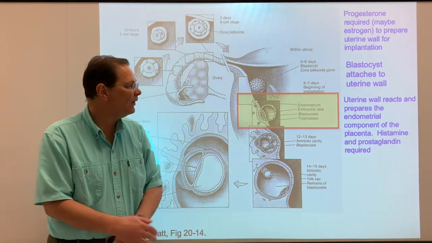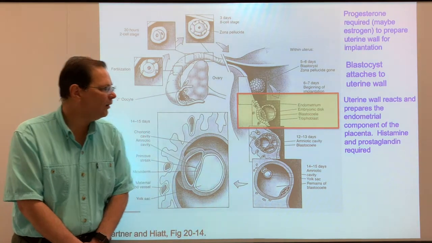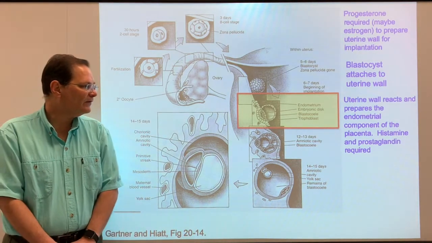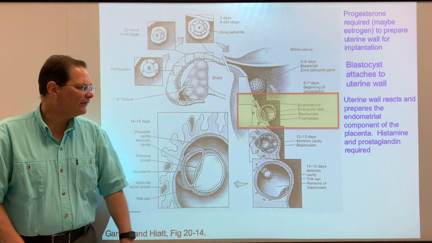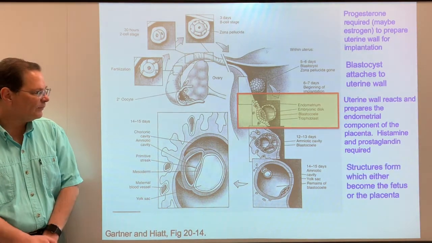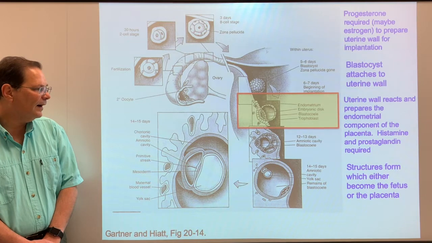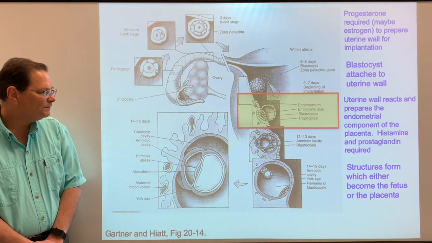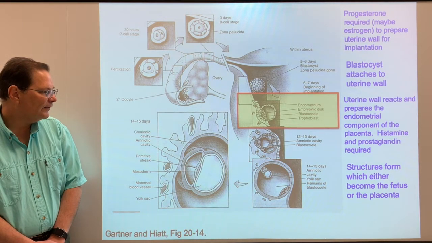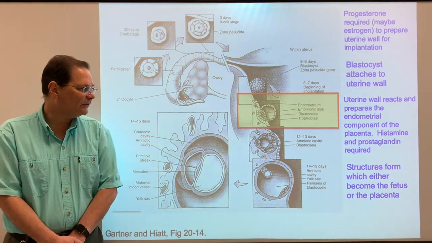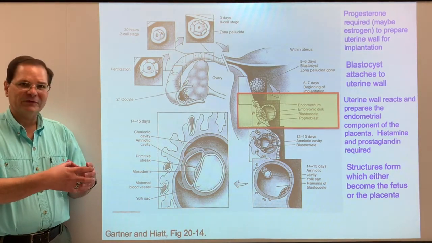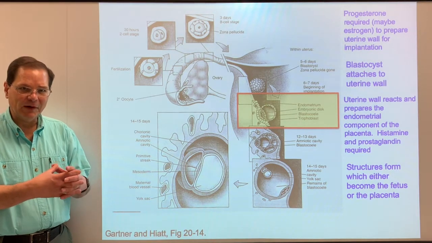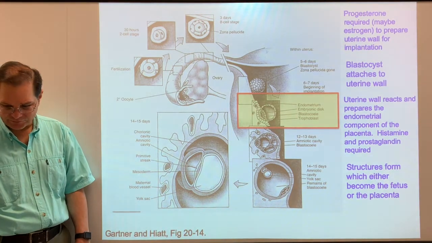And once the blastocyst attaches to the wall, the maternal component of that starts to develop, as well as the fetal component. Histamine and prostaglandin apparently are required for that process. And again, the structures of the placenta that forms as a result of this implantation either come from the mother or the fetus. They sort of come together and interdigitate, as we'll see in a moment.